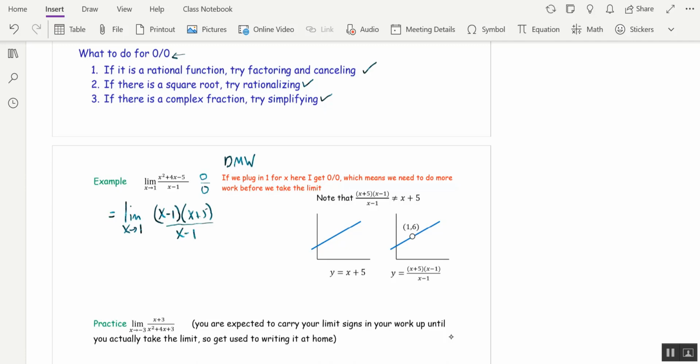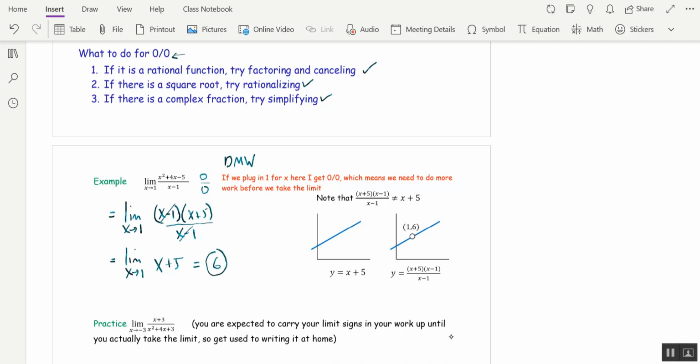Now, you have to carry along that limit sign. These x minus 1s cancel because we're not actually going to let x equal 1 yet. So this is the limit as x goes to 1 of x plus 5. Now if I use substitution, nothing bad happens. 1 plus 5 is 6, and that's my limit.